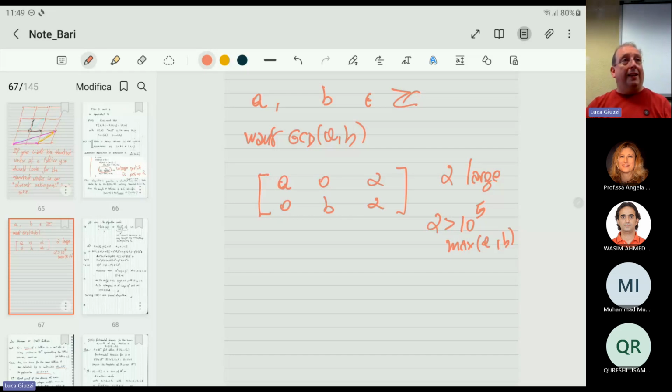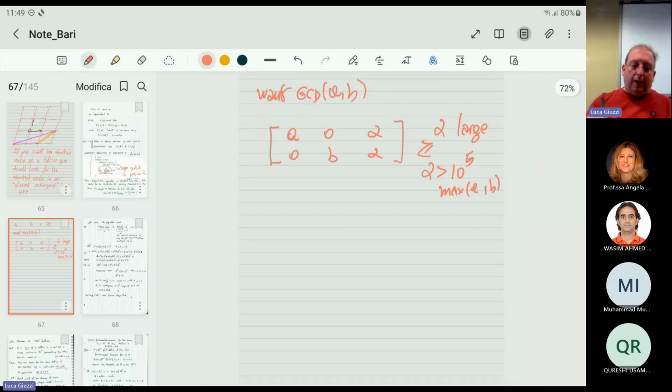And then you consider the lattice spanned by these two vectors. So these are all large and integer, of course. Otherwise, it would not be an integral lattice. And you ask, what is the shortest vector in this lattice?